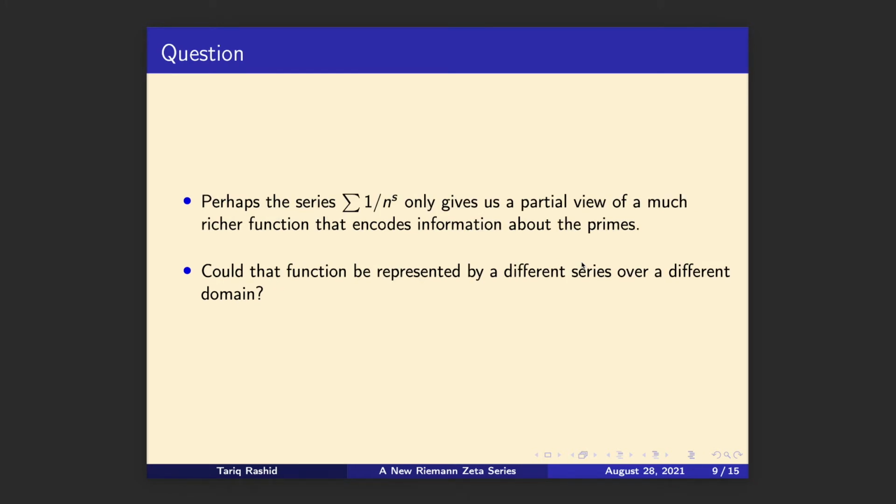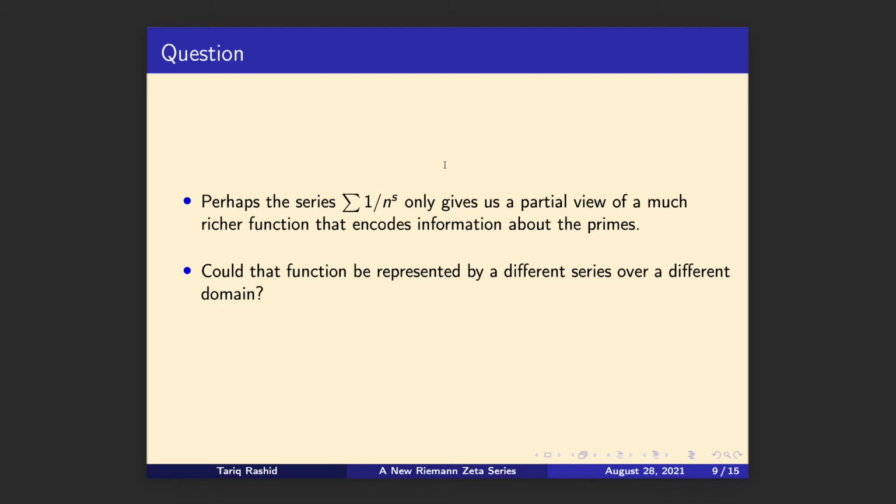Perhaps the series that we've been so obsessed with, 1 over n to the s, the Riemann Zeta series, which we know is important because it's connected to the primes using the Euler product formula, the Euler golden bridge, what if this series was only representing a more important function in a limited domain? What if this only gave us a partial view? And that's an intriguing possibility.